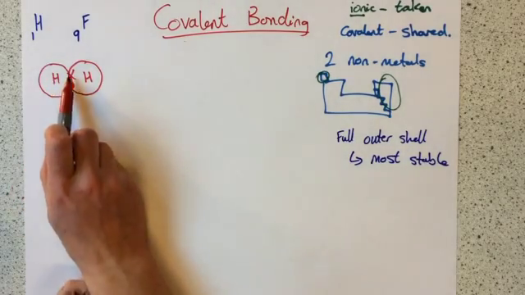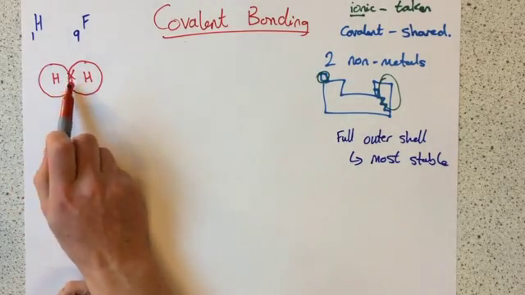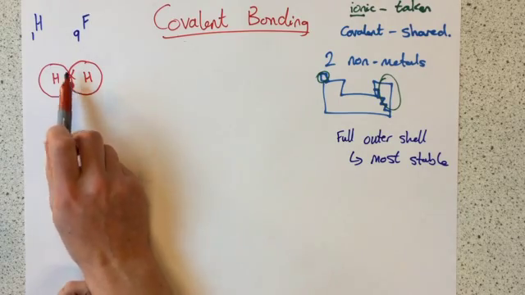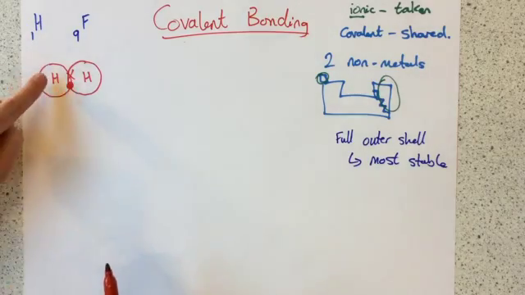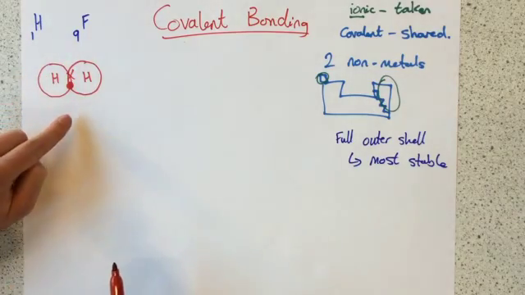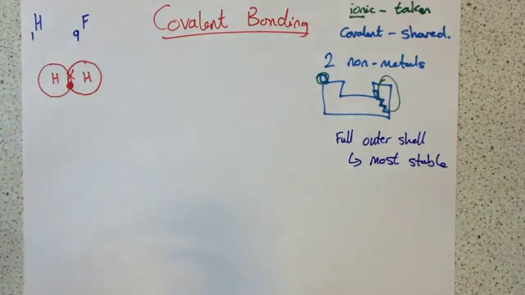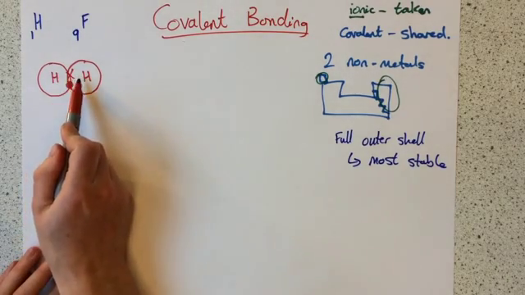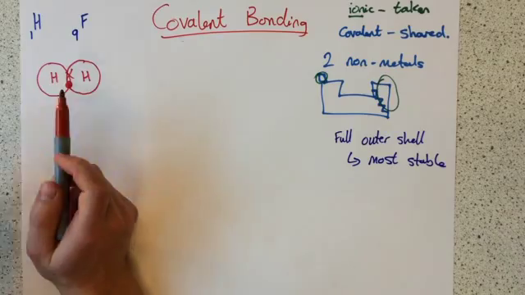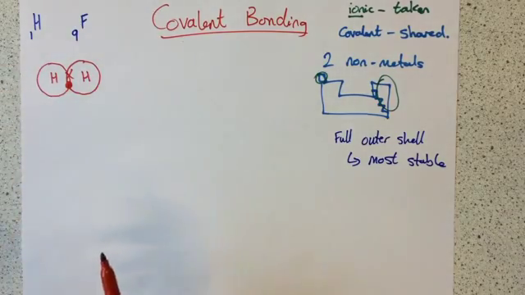Each hydrogen started with 1 electron, a dot and a cross. However, now, because they're sharing, this hydrogen has 2 electrons and this one has 2 electrons. In the first shell, they're trying to make that. Notice there's 1 cross and 1 dot in between. That's showing that they're shared.